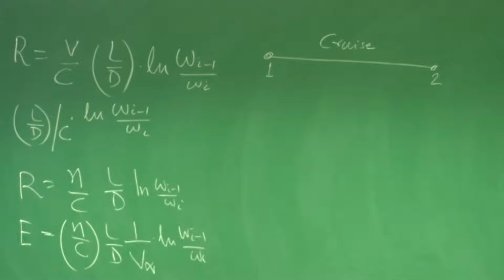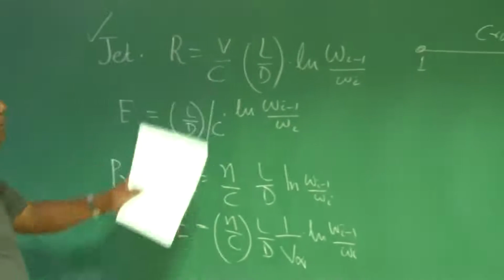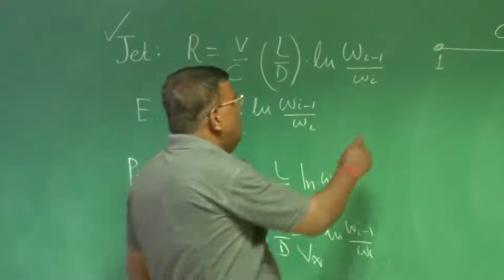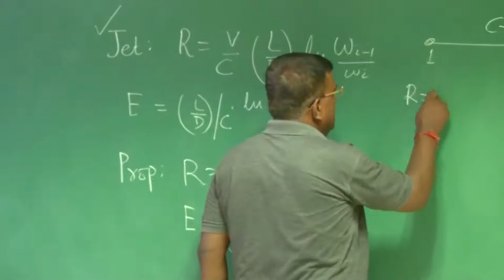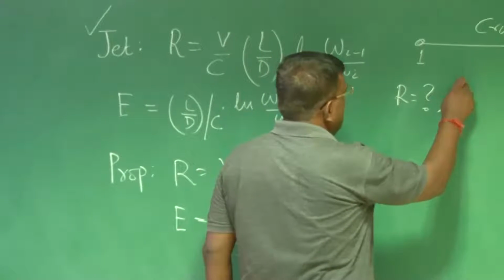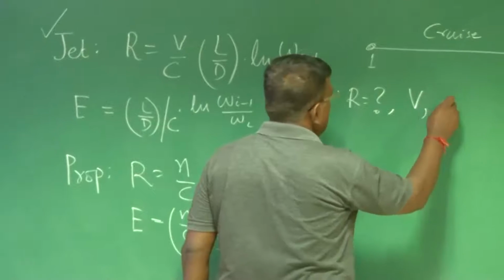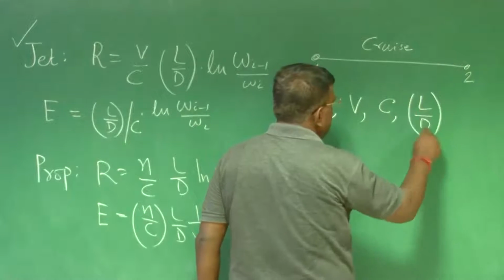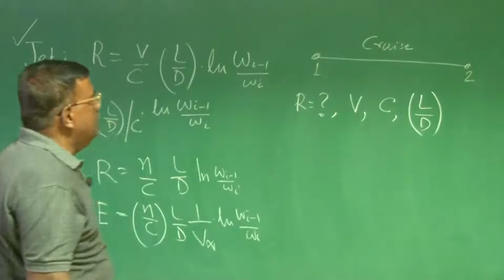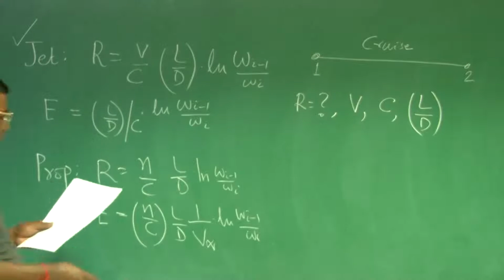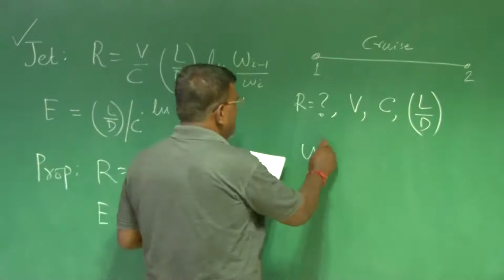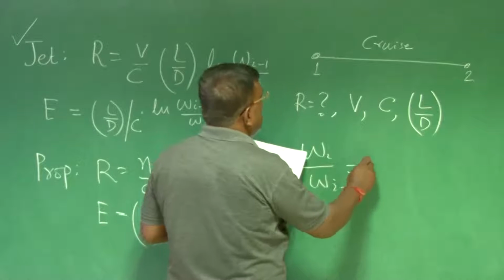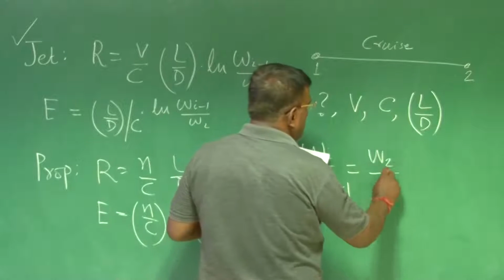Then for fuel consumption, if I use this first expression, I need to know what is the R, what is the V with which I am cruising, what is the value of C, and what is the value of L by D. If I know these values, then I can easily write Wi by Wi minus 1, which is nothing but W2 by W1.